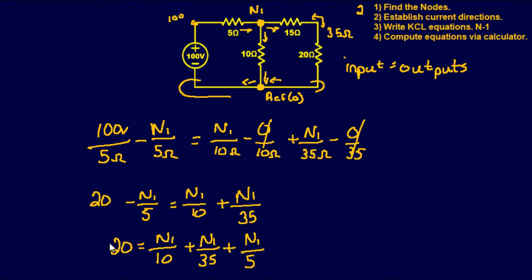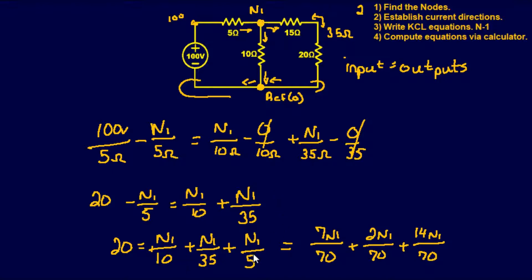So now we have an equation here that has different denominators. So we need to go back to our basic algebra and figure out where our common denominator is. Well, looking at this, I would say our common denominator looks like 70. If I want to make this 70, it's going to be 7 N1 over 70 plus 2 N1 over 70 plus 14 N1 over 70.